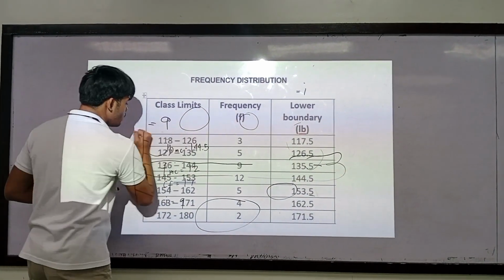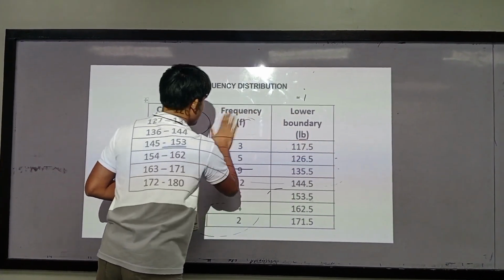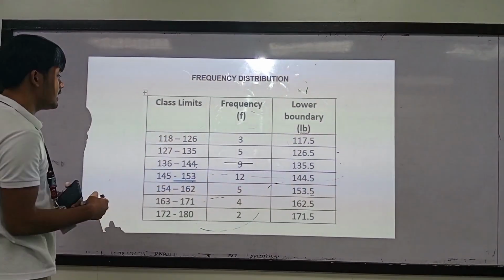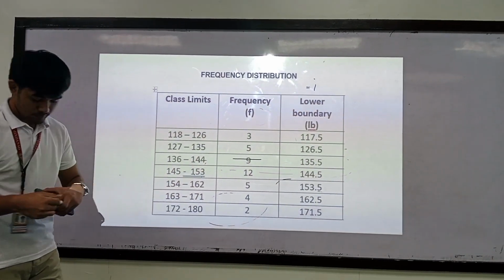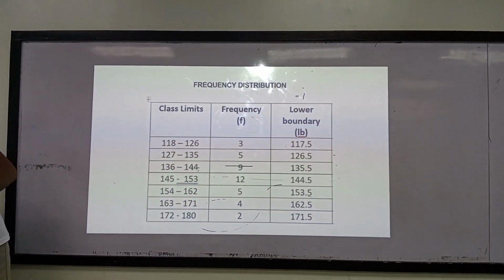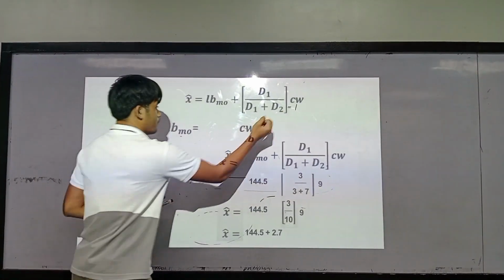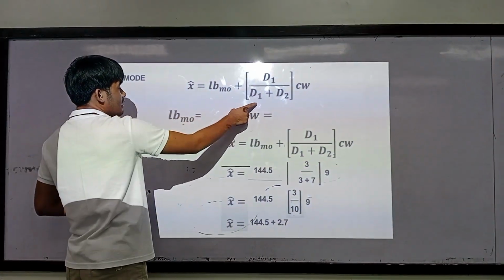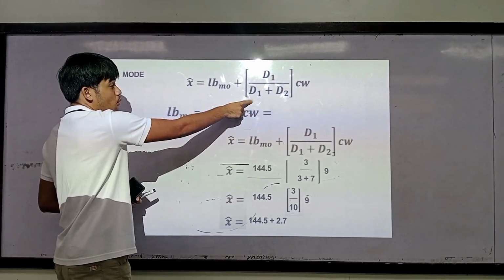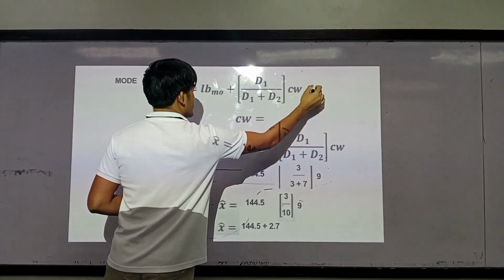So in getting the mode, we will just need the table: the class limits, the frequency, and also the lower boundary. In order to get our mode, we will use this formula: lower boundary plus d1 divided by d1 plus d2 times c, or the interval.